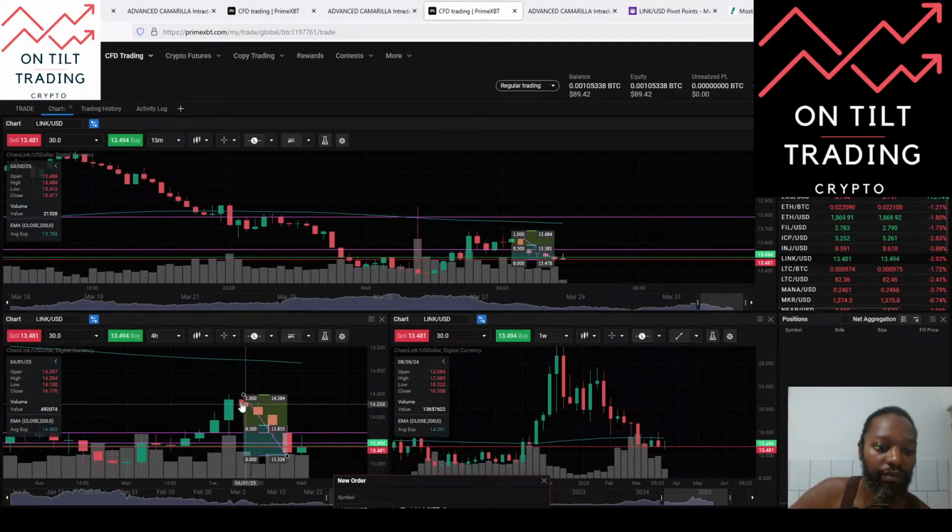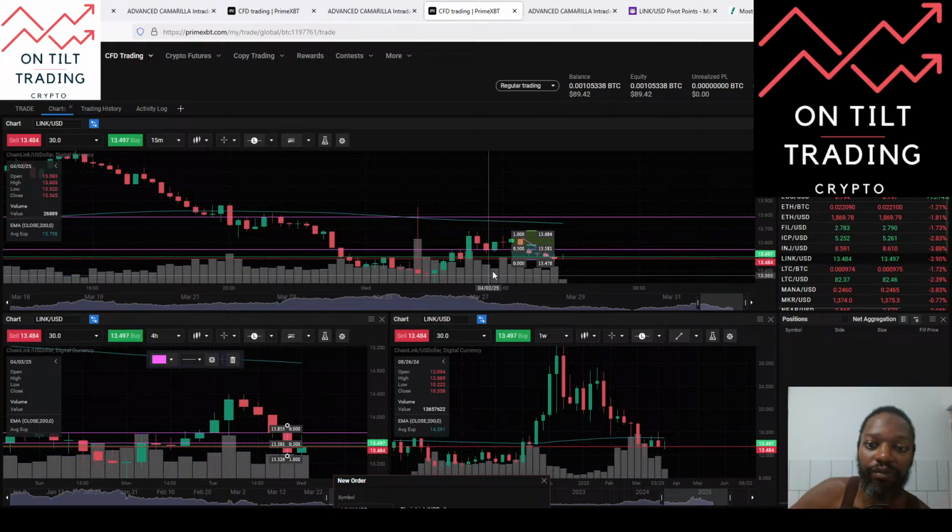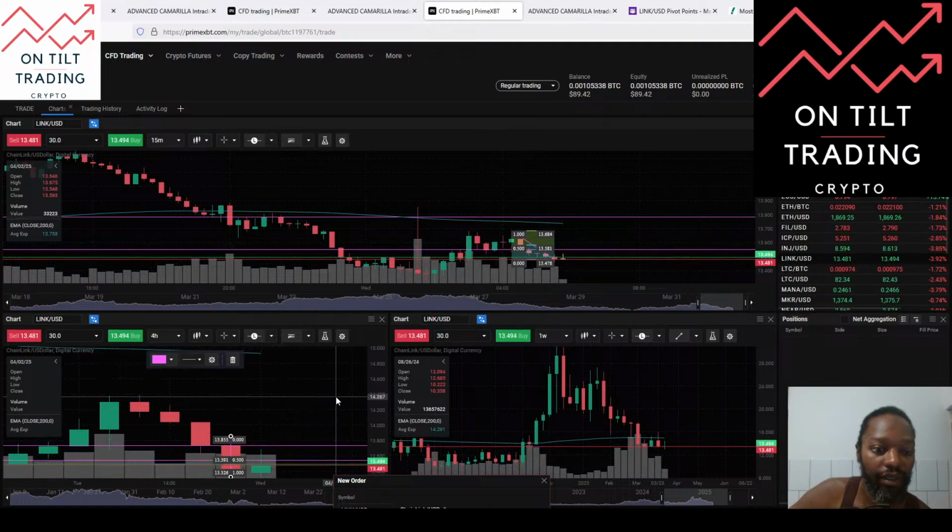So this might be too high. It may be like this previous candle here, 13,591, and that would have it around here. This may be more appropriate for today. I'm not sure.